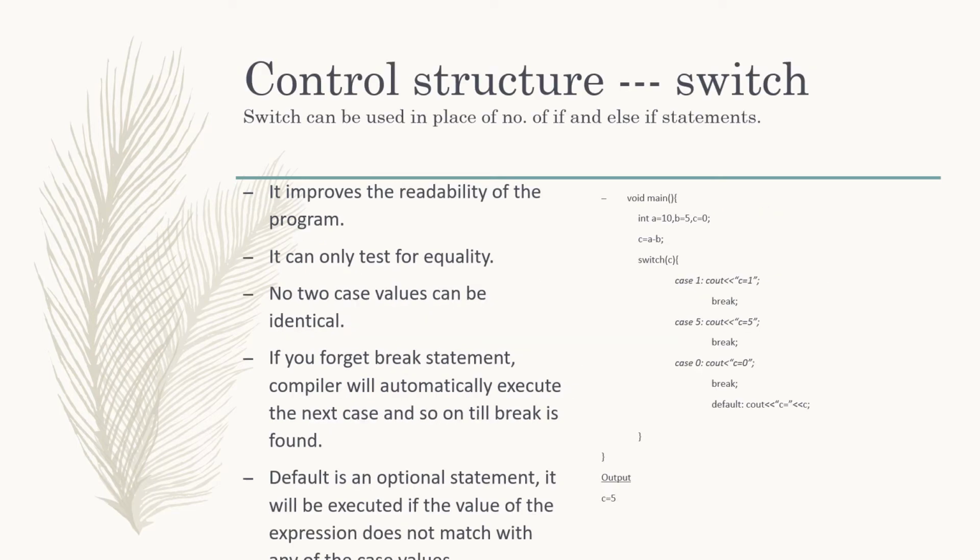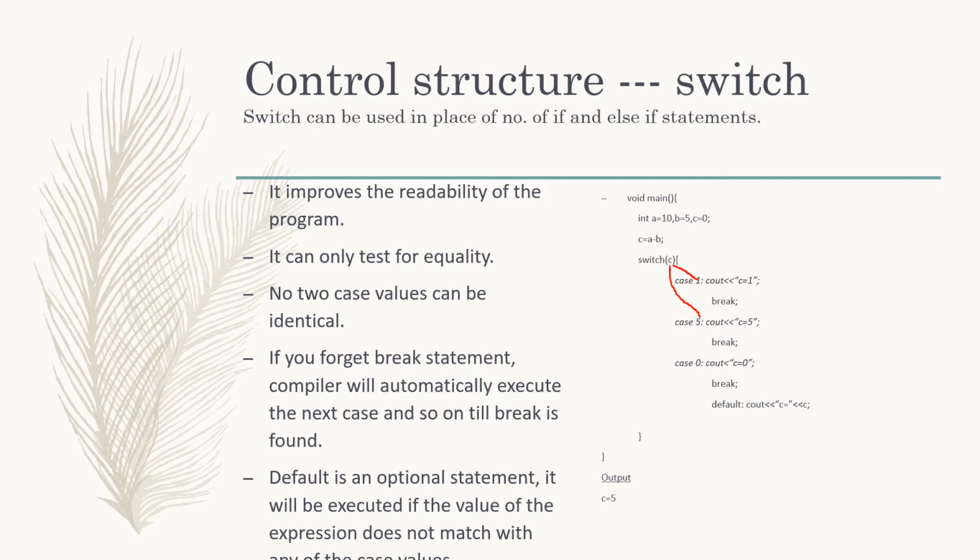Control structure: switch. Switch can be used in place of a number of if and else if statements. It is used to test for equality. Say in this case, if you see this example, if I want to compare c: is c equal to 1? Is c equal to 5?